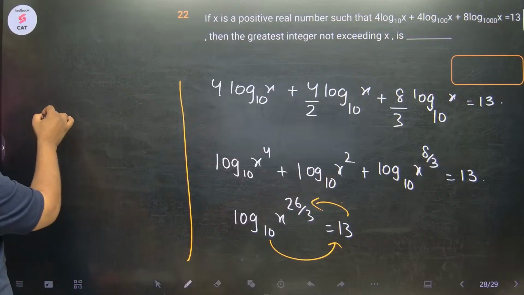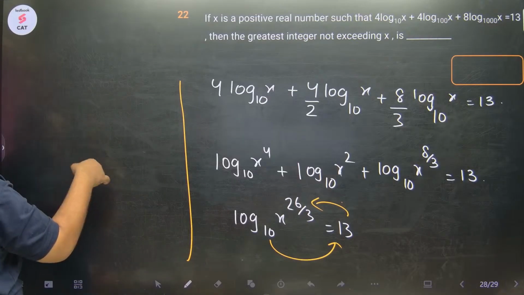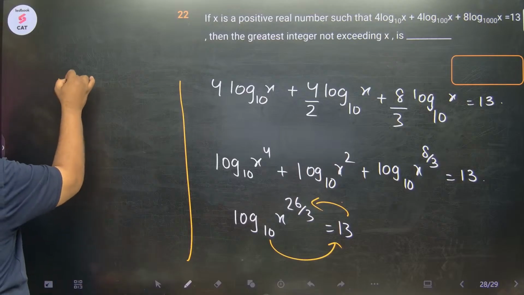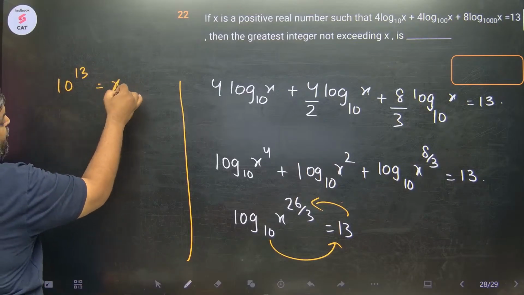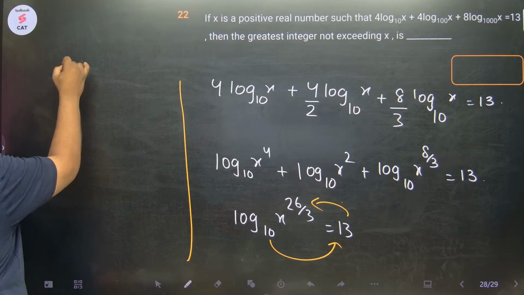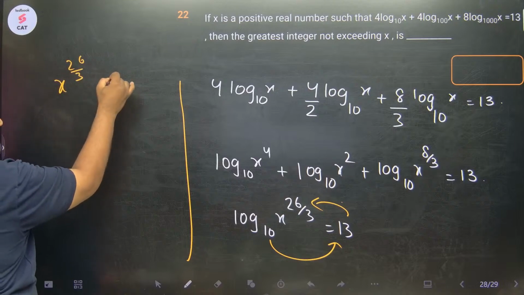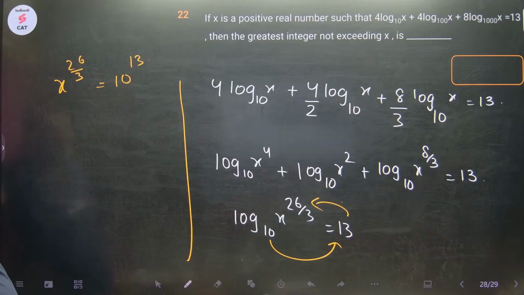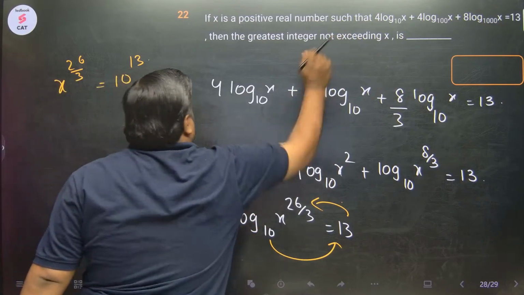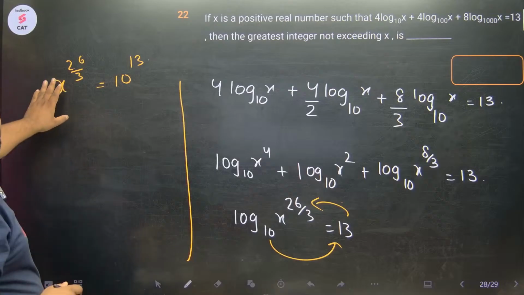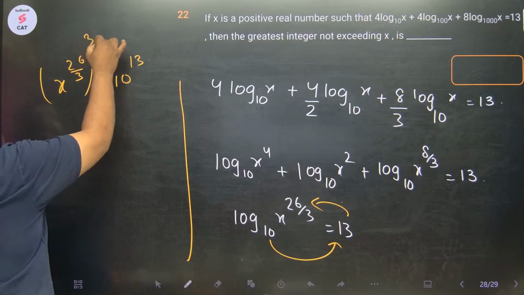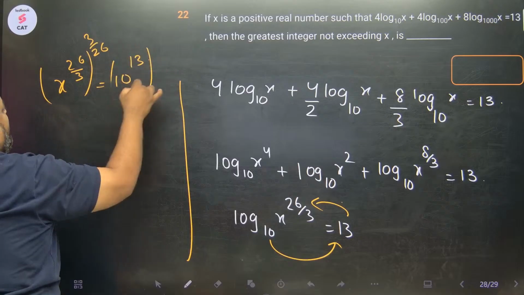We can write this as x raised to the power 26 by 3 is equal to 10 to the power 13. Can we write that? Say yes. I want the value of x, I want x to be independent, so I will multiply by 3 by 26 here, but on the right hand side I also have to multiply by 3 by 26.